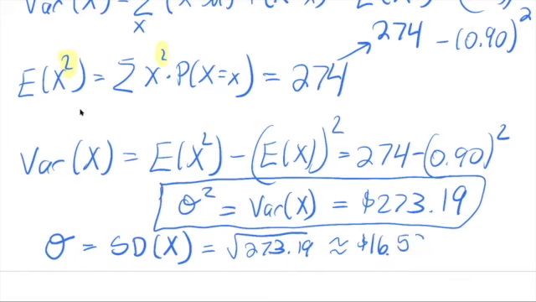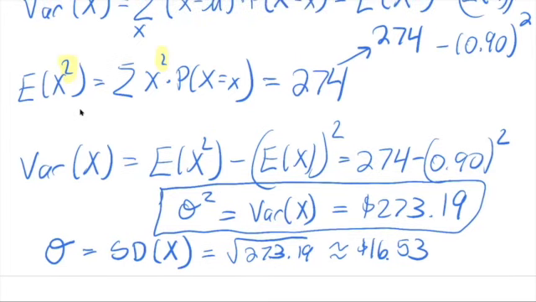So this is telling you that, on average, tickets vary from 90 cents by an average of about $16.53. It's telling you on average how far away the winnings are from the average amount of winnings that you should expect. So it's telling us how spread out our values are, which is the simplest way to explain the standard deviation.